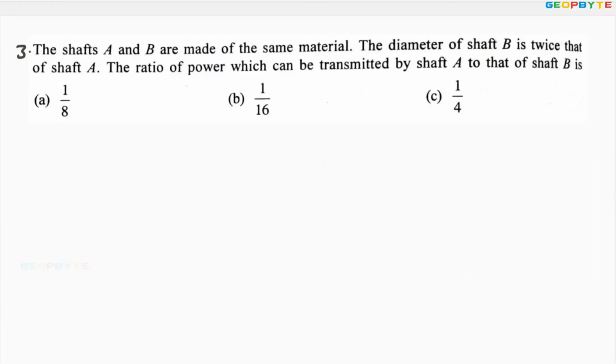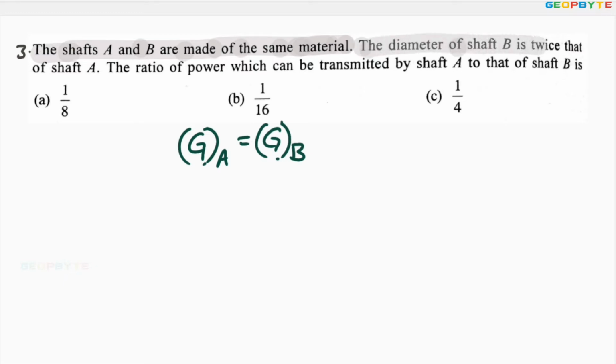Look at the next problem. The shafts A and B are made of the same material. Since both are made of the same material, the shear modulus for shaft A must be equal to the shear modulus for shaft B. The diameter of shaft B is twice that of shaft A. That point is given in the problem.